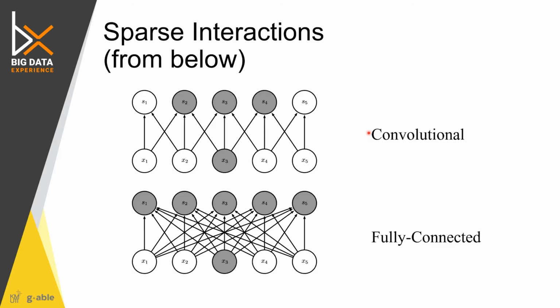Let's compare a convolutional network with a fully connected network. Look from below, from the input to the output. In a fully connected network, a node X3 connects to all nodes in the layer, all of the points in this region. However, in the data that we process, like signal data or image data, we know that features are often localized.